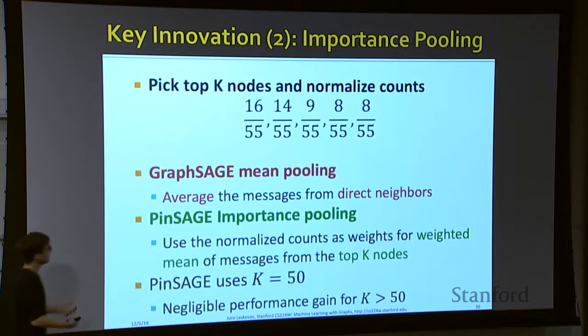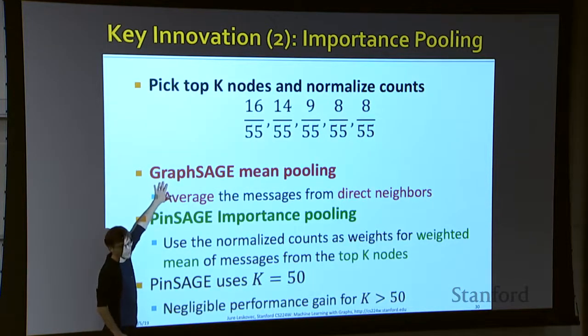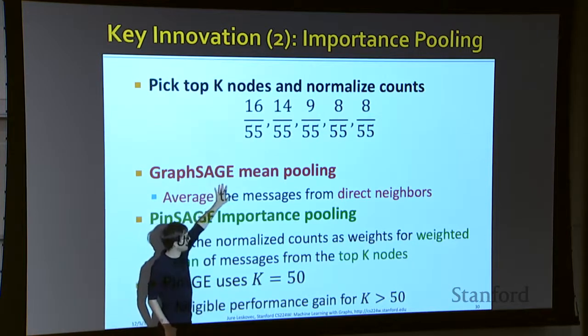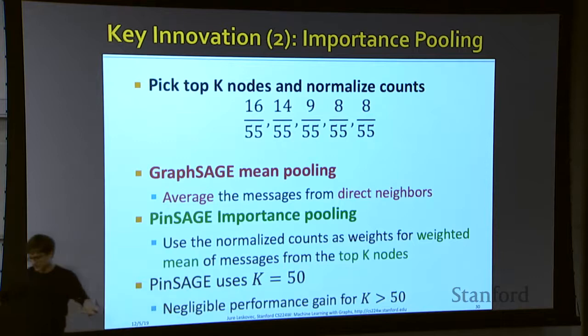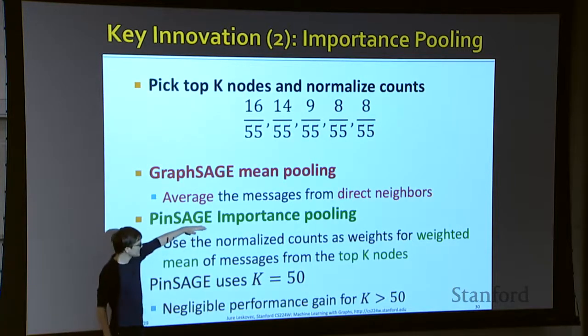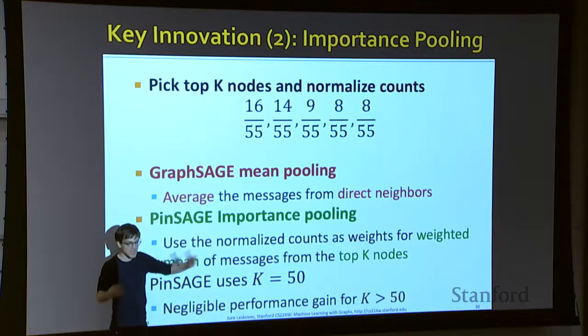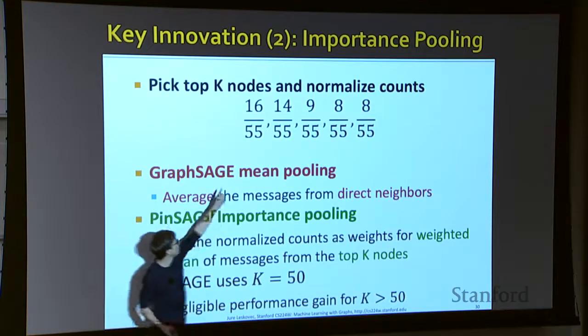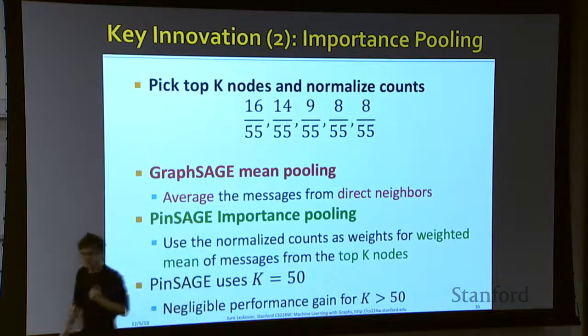So in GraphSAGE, when we talked about convolutional graph neural networks, we used mean pooling, where the idea was you just sum up the information from your neighbors. In PinSage, we will only sum the information from the top k highest PageRank score neighbors, and when we sum it up, we will also weight according to these visit counts.